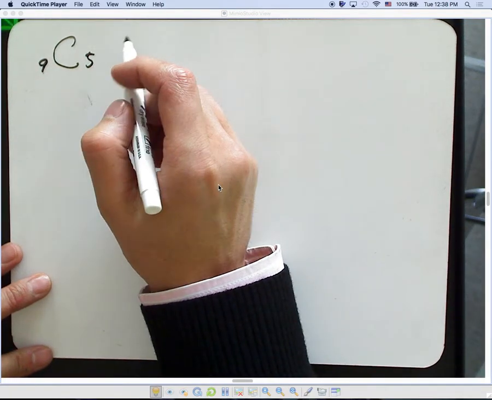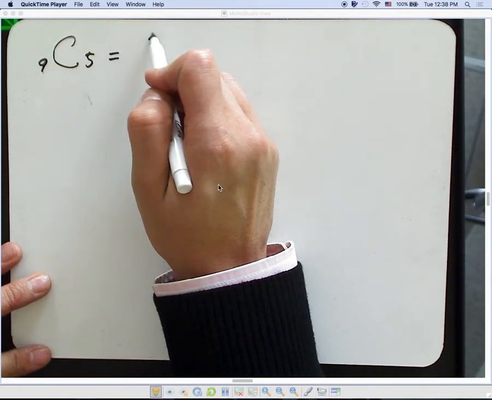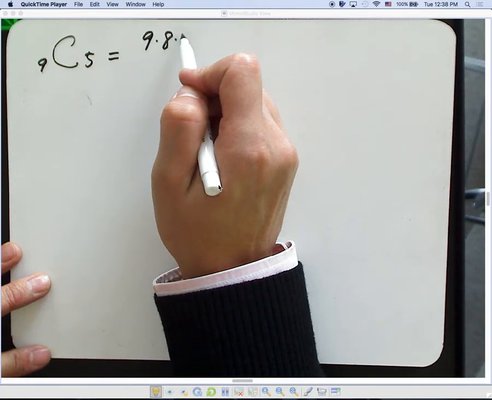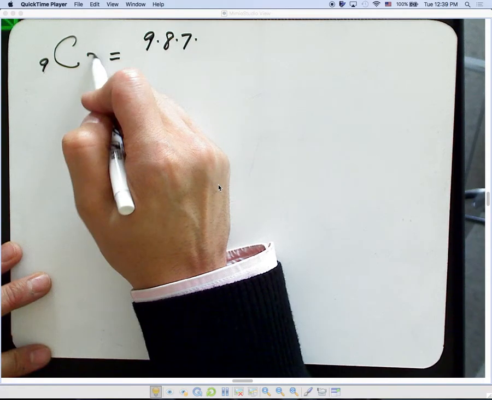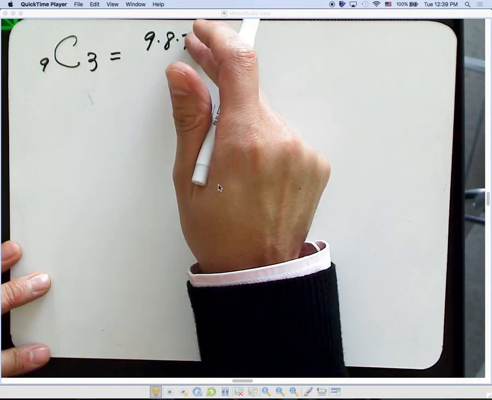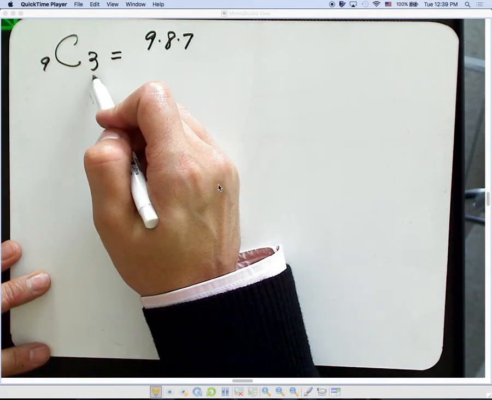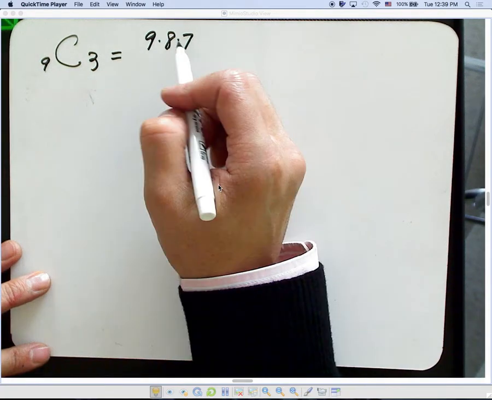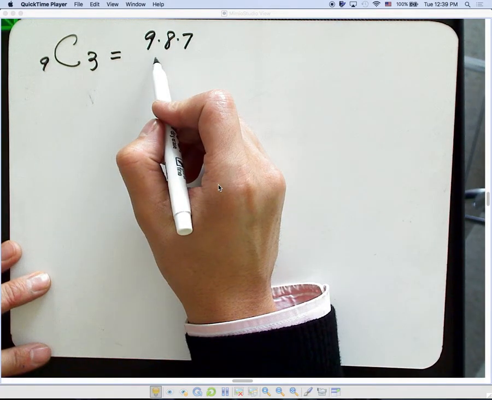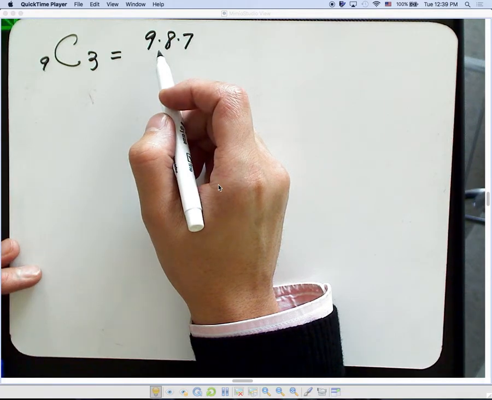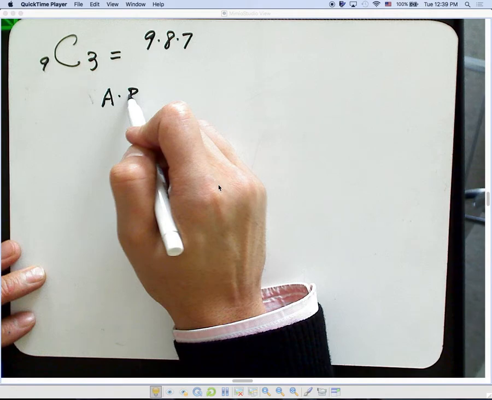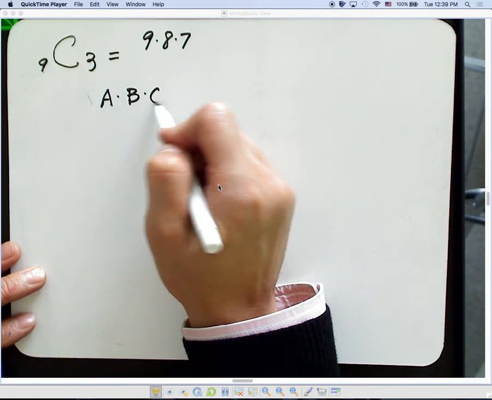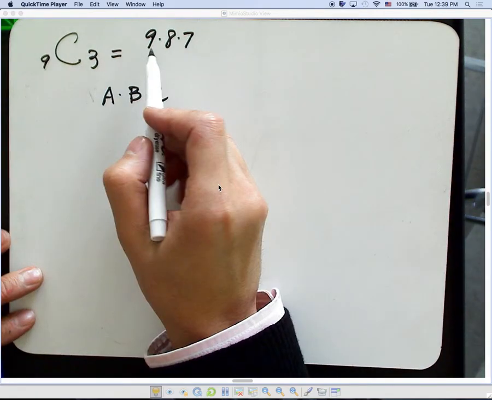Let's just use 3 instead. So you have 9 times 8 times 7, for example. So you're making a group of 3 out of 9 people. Let's say we picked Anna, Brendan, and Carol. That's 9 times 8 times 7.